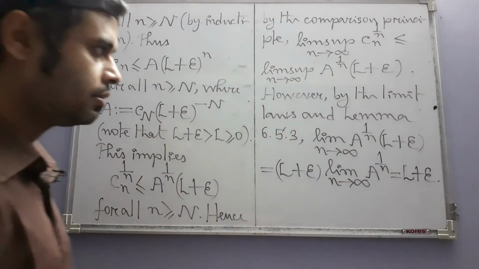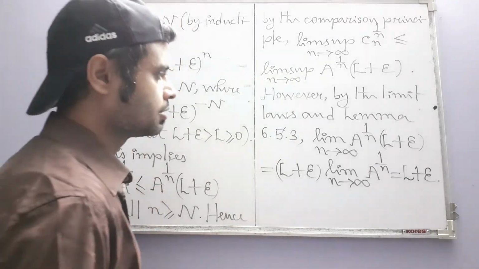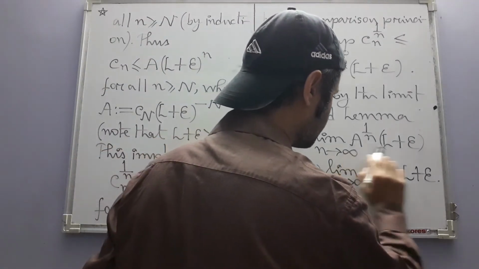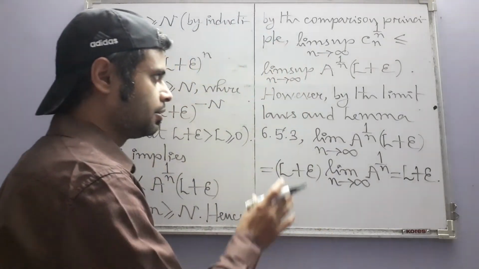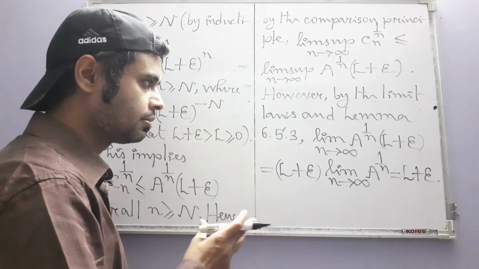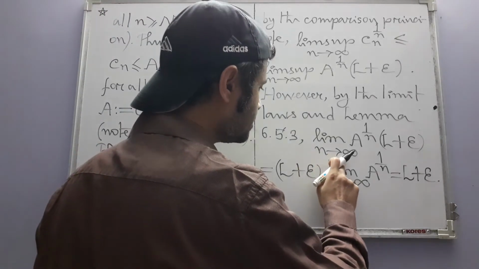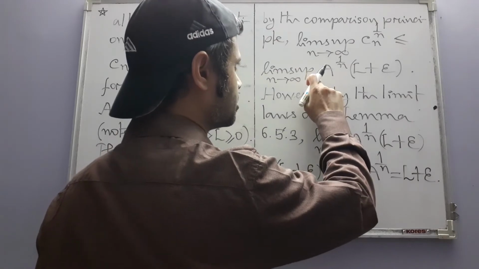Now we already know from our theory of upper limits and lower limits of sequences that when we have a convergent sequence of real numbers, then its upper limit, lower limit and limit are the same thing, they coincide. So that means this thing is actually equal to this thing.